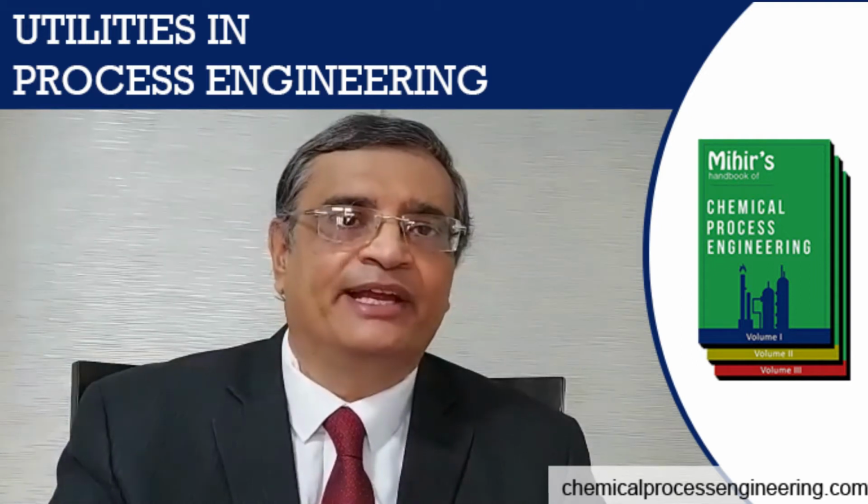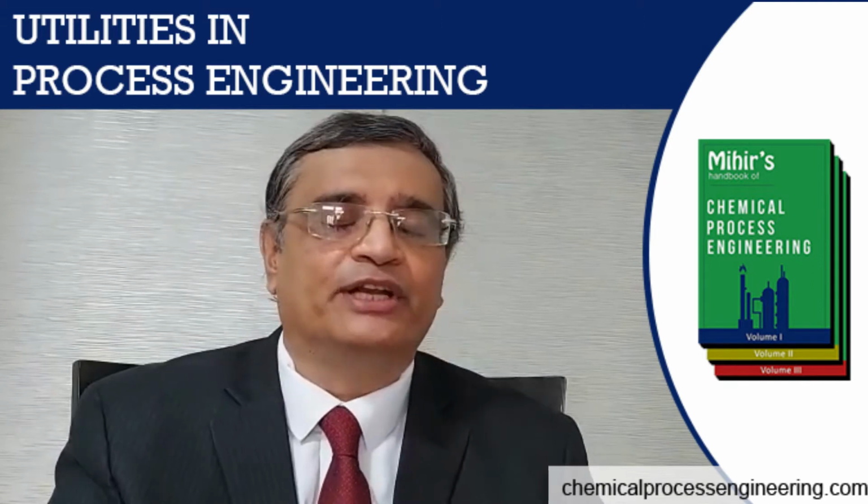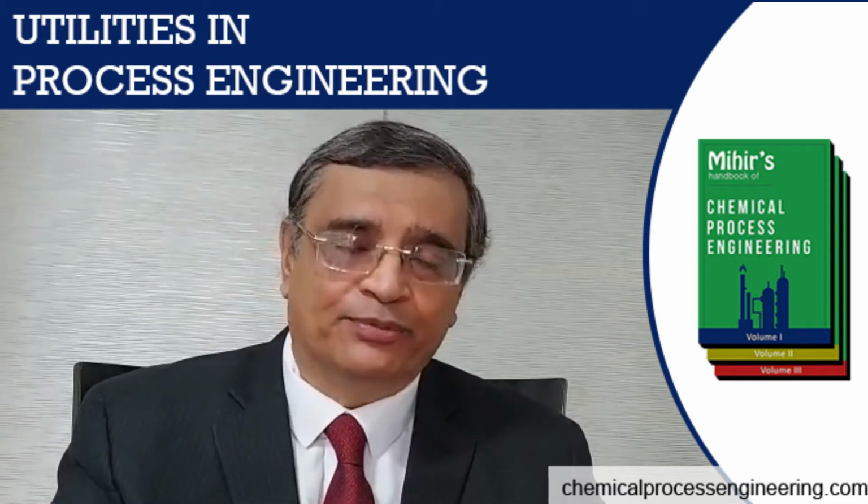Now, the utility requirement in a process plant is specific and custom made to that particular process. So each and every type of chemical plant may have a different configuration of utilities. For example, if you have a large refinery, you may have the whole gamut of utilities, which start out with, for example, the water purification system.